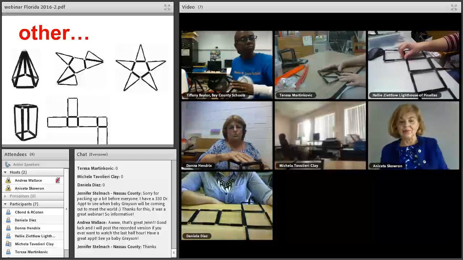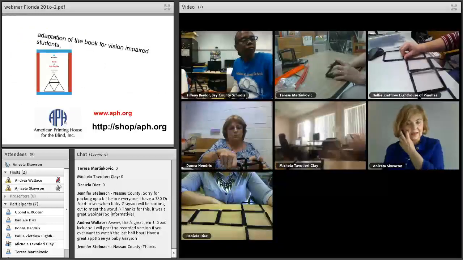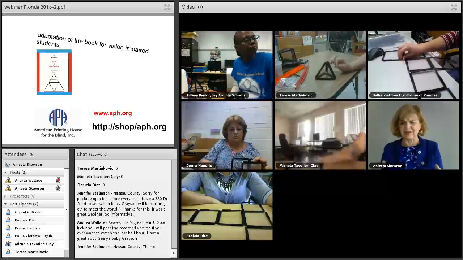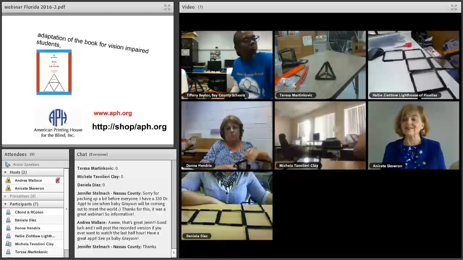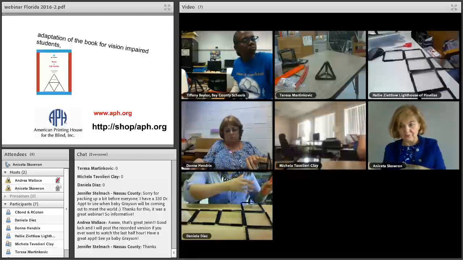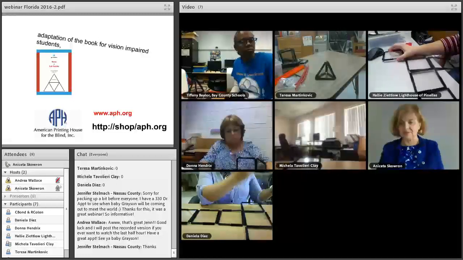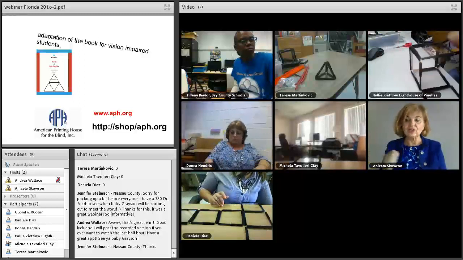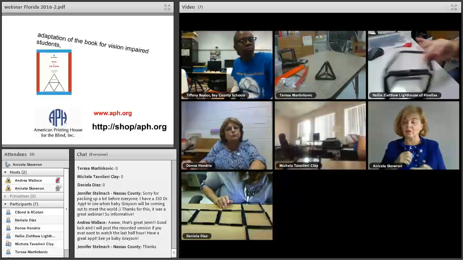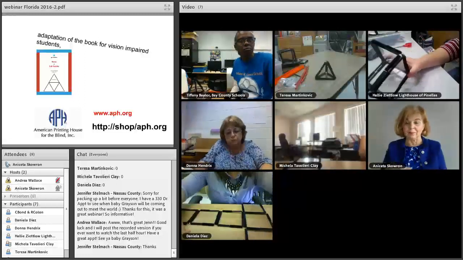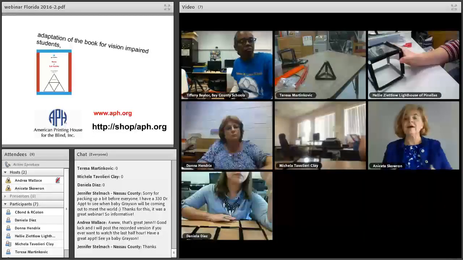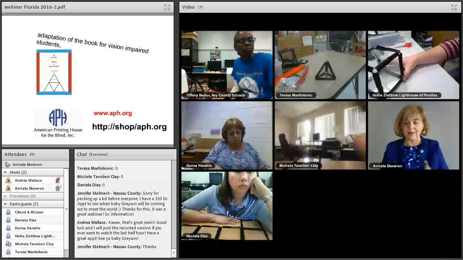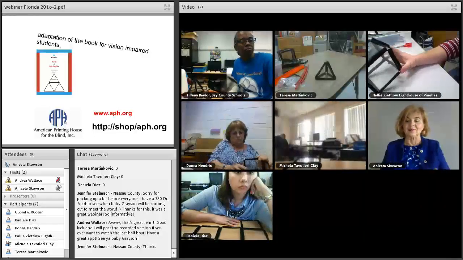So here is a little book that I made, a compilation really of some nets that are good and no good for each of the simple solids. And the children will color the ones that are good, and for the ones that are no good, there will be another page where they have to say how to correct it, how to make it better so that it could be a net.